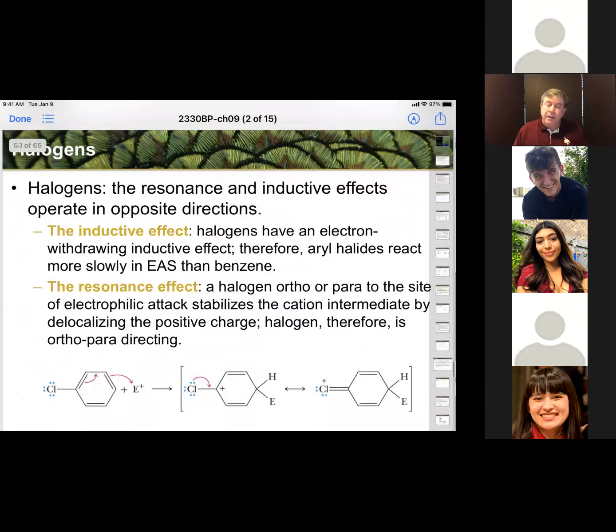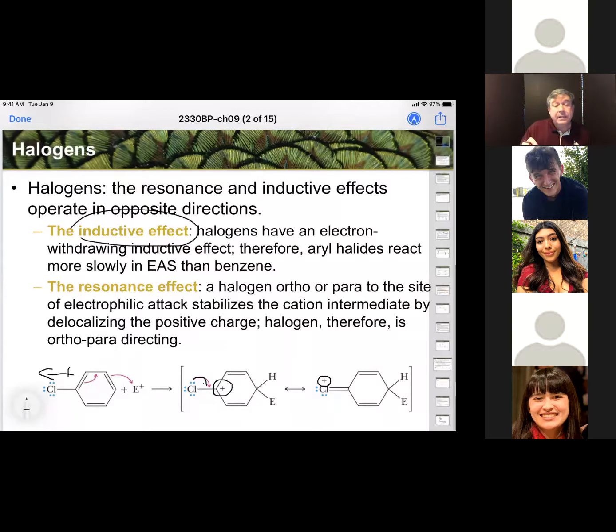Okay, now I said halogens are deactivators, but ortho-para directors, and this is why. Okay, inductively, right here, it's pulling electron density away from the ring. Okay, but when the positive charge resides on that atom that the chlorine is bonded to here, it can donate electron density and it stabilizes the positive charge off the ring.